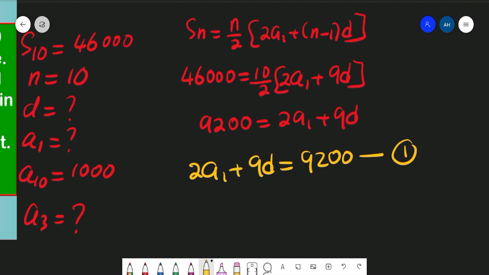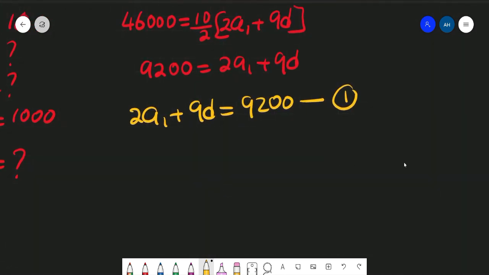We have an equation having two unknowns, that is a1 and also d. Therefore we need one more equation. We can get that from an equation involving an. Remember this equation here, an equal to a1 plus n minus 1 multiplied by d, to find the nth term.